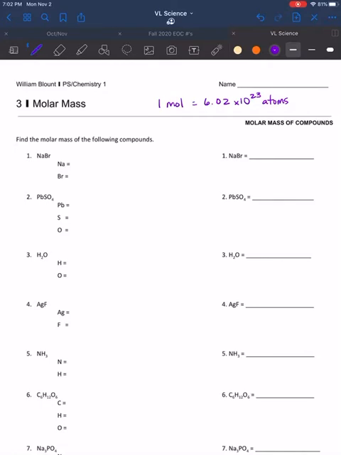But we don't need to work with the concept of atoms very often. We do need to work with mass. And so it turns out that we can also define a mole as the mass in grams of the substance that we're looking for. So, how do I find the mass in grams of the substance?